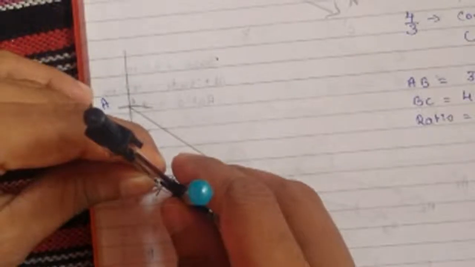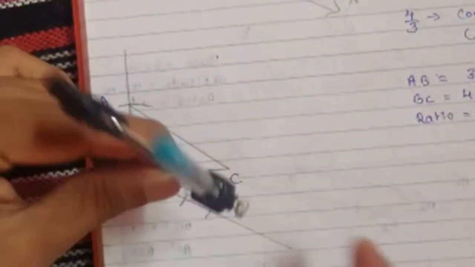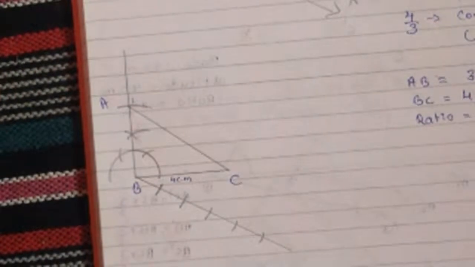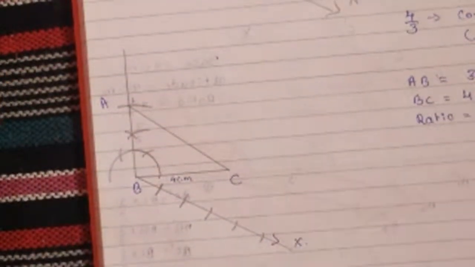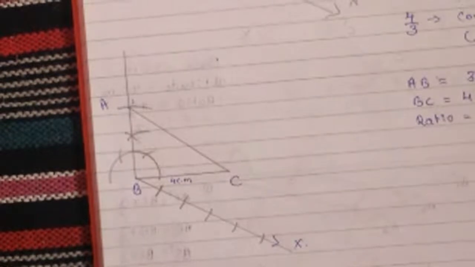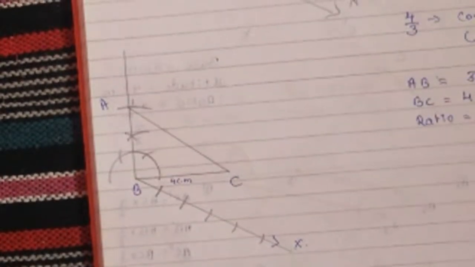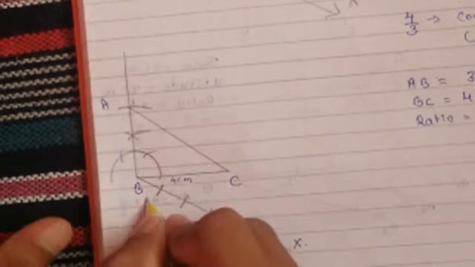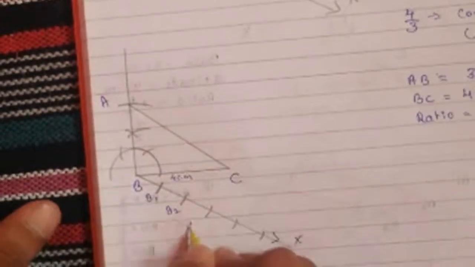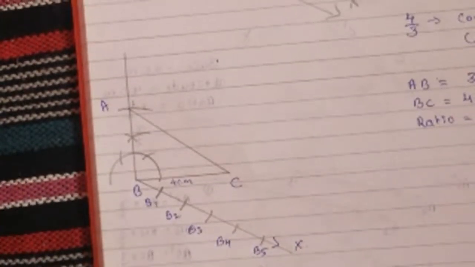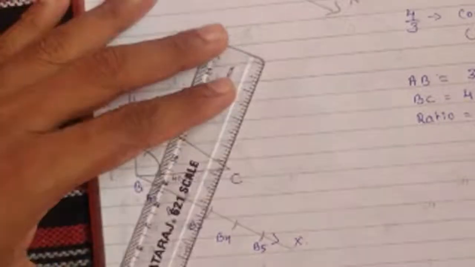One, 2, 3, 4, 5. I'll call this X. Then which line do we have to join? So this is B1, B2, B3, B4, B5. We have to join the third point, correct, since the denominator value is 3.